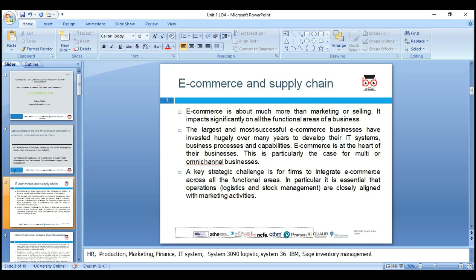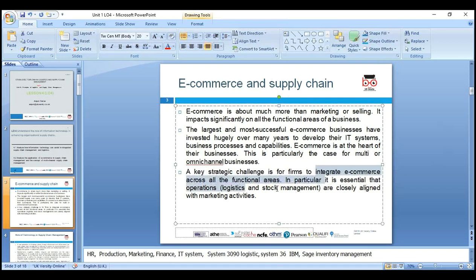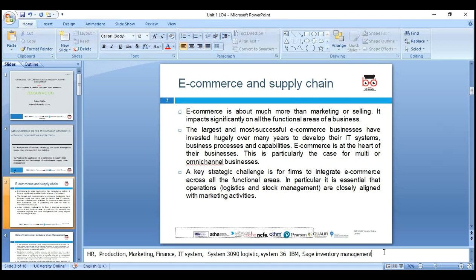This is particularly the case for multi-channel or omni-channel business. So we need to look at multi-channel business and multi-channel supplies. The key strategic challenge for firms is how we can integrate our sales orders. Integration is very, very important in our organization.